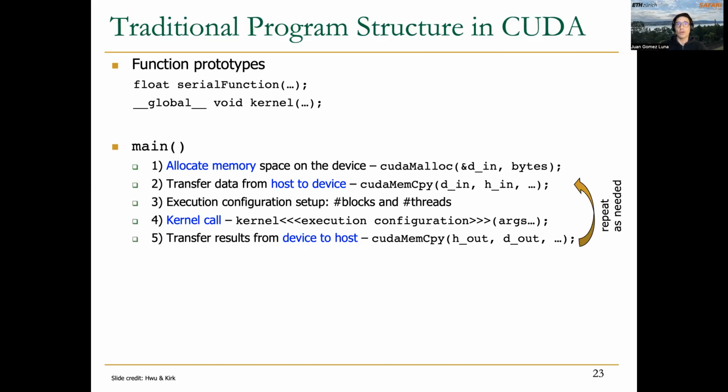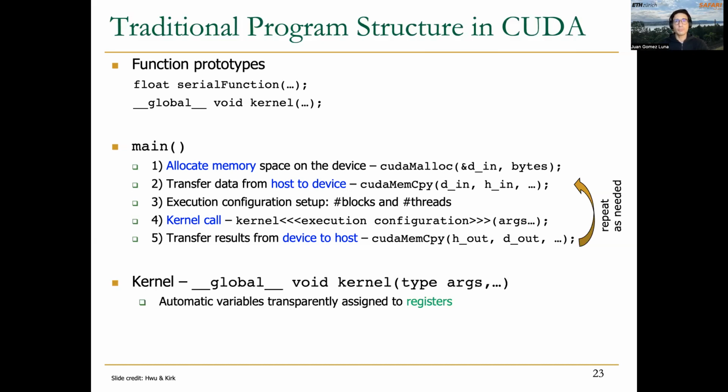This sequence of copy, kernel launch, and again copy back to the CPU can be repeated as needed. For example, in iterative algorithms that call the same kernel multiple times, or simply in other applications where we have multiple kernels offloaded to the GPU.